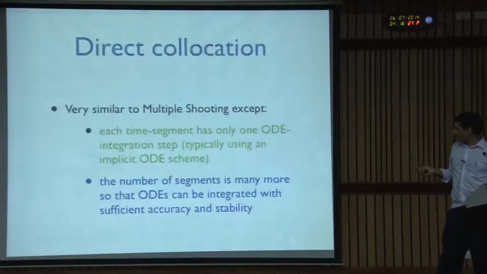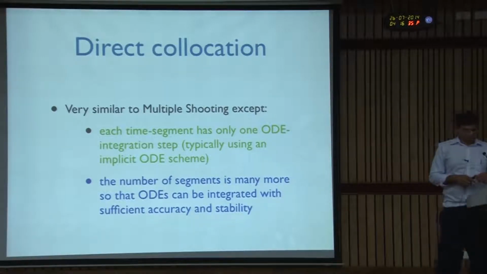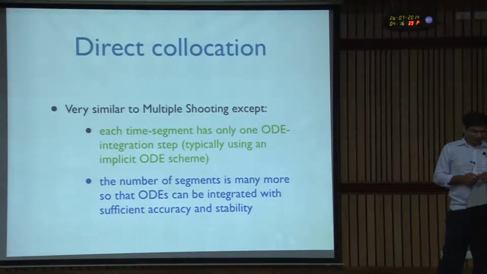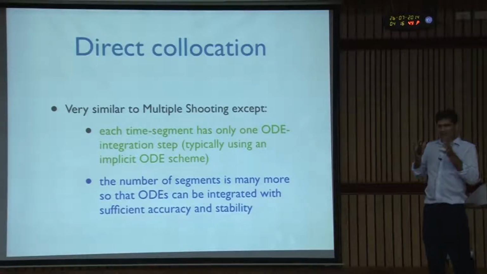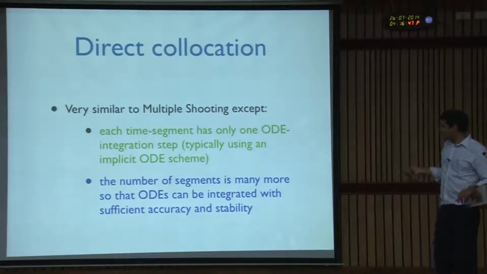And a very closely related thing is called direct collocation, where essentially you have an incredibly large number of pieces, if you will, and each segment has really just one ODE step, or one expression of the fact that the ODE needs to be satisfied.